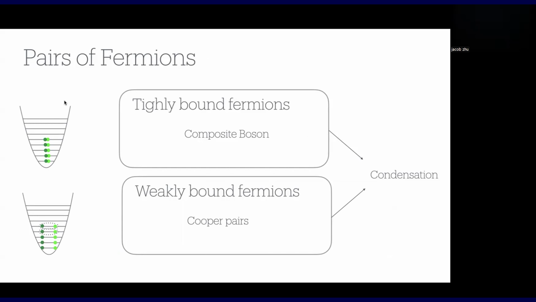But there is another type of pairing that is interesting. When you're in the presence of a Fermi sea and you have a small attractive interaction between fermions, they will form a weakly bound state. So we cannot talk about a molecule anymore, but it's still a boson.